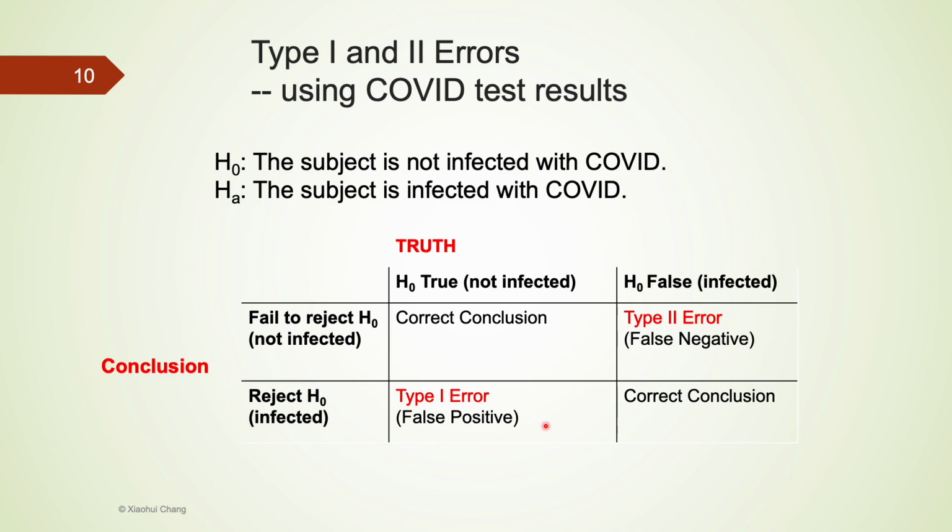On the other hand, if the subject is indeed infected, but we conclude he is not, this type of error is going to be type 2 error, and this is a false negative. These 2 outcomes are not correct and desirable. Unfortunately, it is inevitable to make type 1 or type 2 errors.